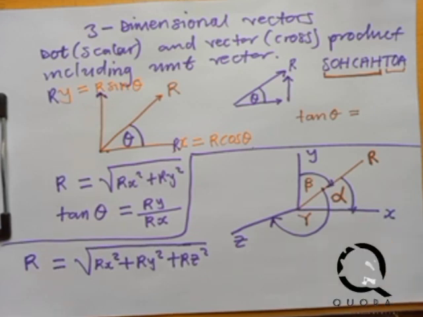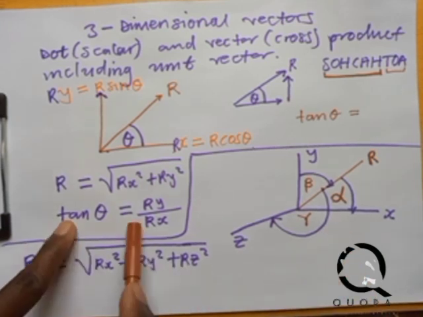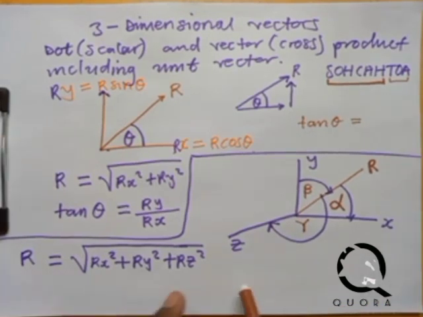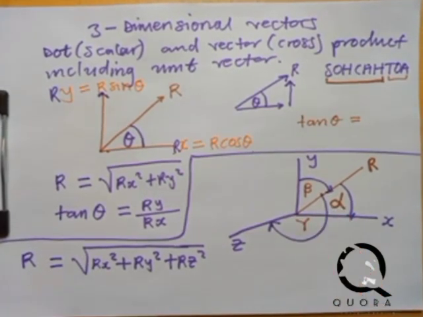We find the angles here not by using tan, but by using another identity, which is cos. If they ask you why we do not use tan here to find the angles, and yet we use cos, the reason is very simple.